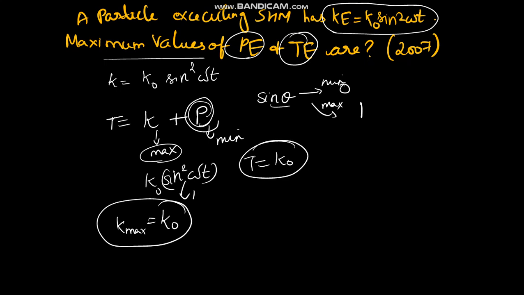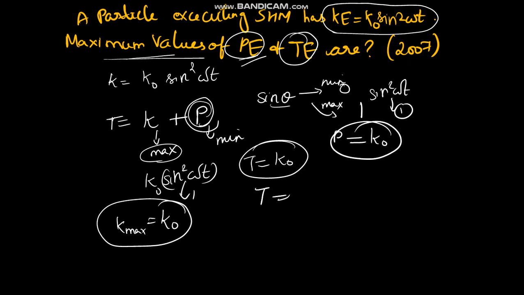Now what will be the maximum value of potential energy, they are asking. Similarly, when sine square omega t is 1, potential energy is maximum, so the maximum value of potential energy is also K naught. Then the maximum value of total energy: kinetic energy maximum plus potential energy minimum, or kinetic energy minimum plus potential energy maximum.